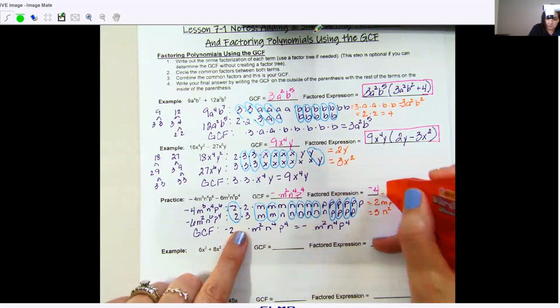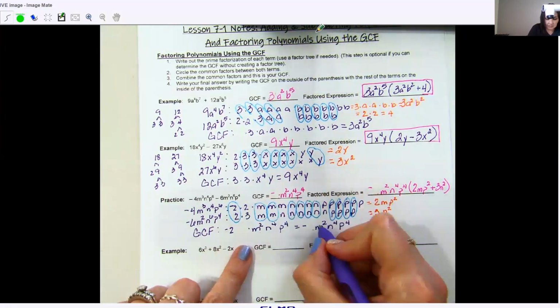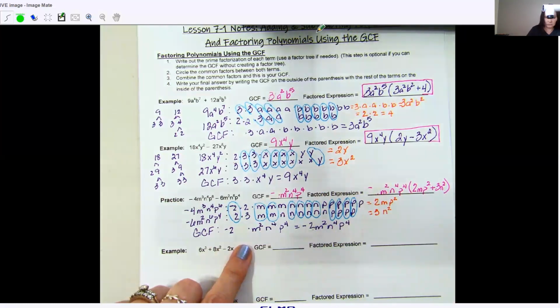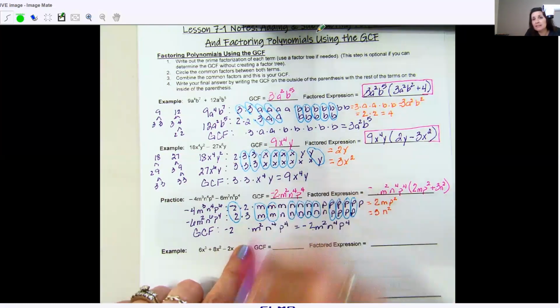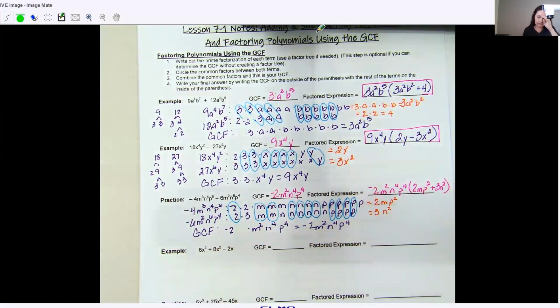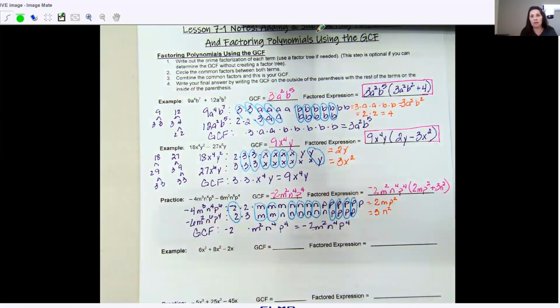Some of you are probably really frustrated with me. I'm so sorry. When you circle a group, it's just the one group. It's not those 2 numbers multiplied. I'm really sorry. Because I was like, wait a minute, that doesn't look right. Okay, so now, just to clarify, I circled one group of 2, so I can only pull out 1, 2.